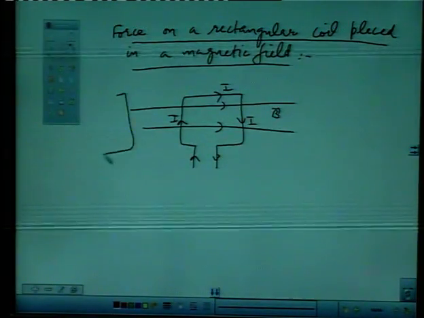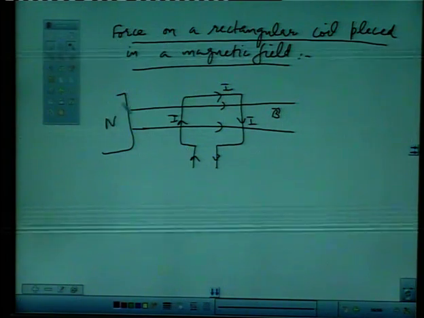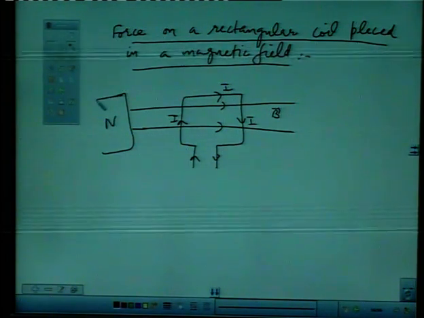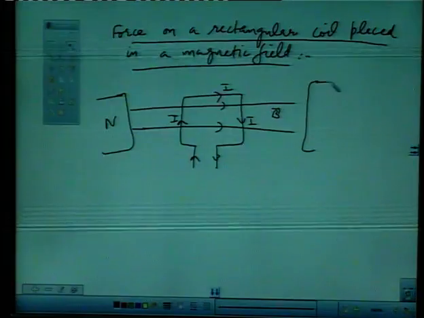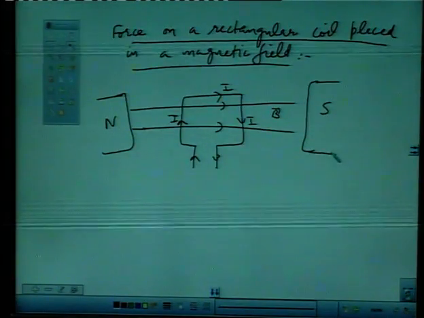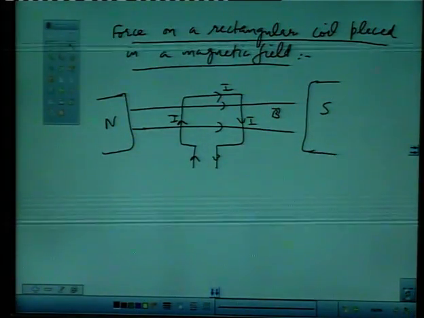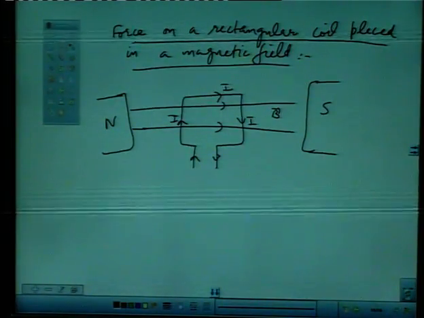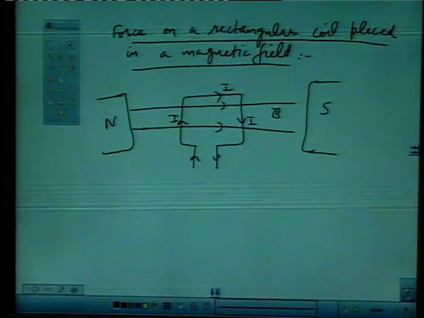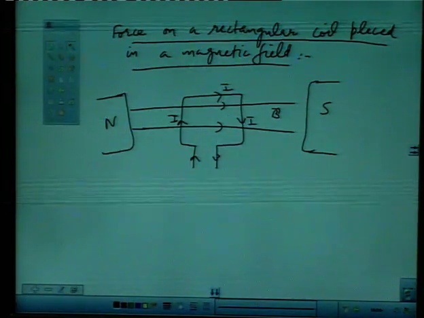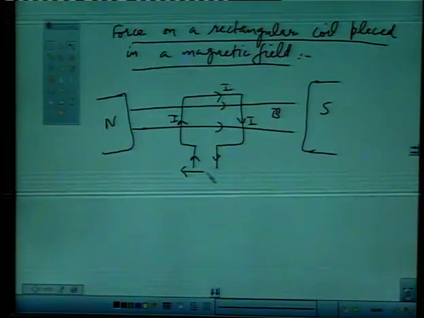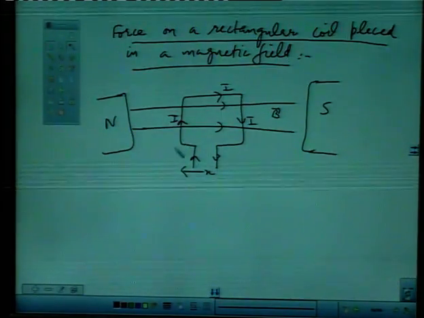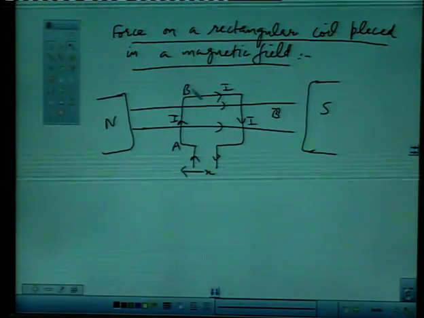The magnetic field can be generated by putting two magnetic poles, north and south pole, and keeping this rectangular coil inside the magnetic field. The magnetic field's direction is from north pole to south pole. Let us take the coil ABCD.